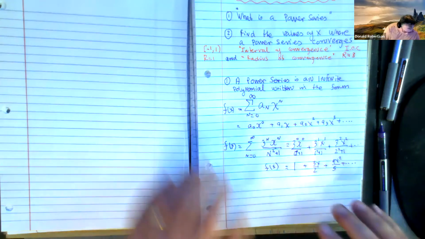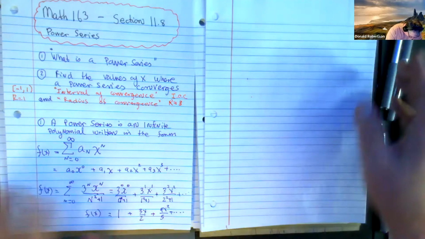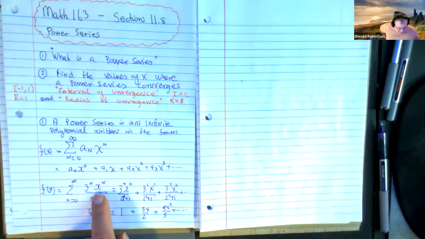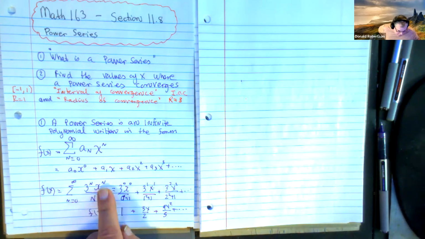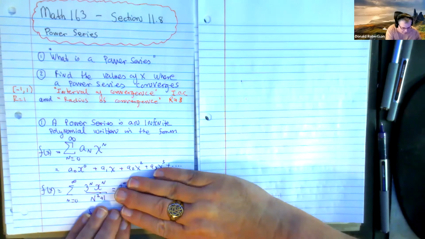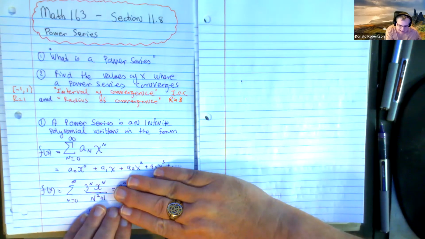So what would we like to know? Well, not all power series are created equal. This one here, for instance, for certain values of x, like x equals 2, x equals -1, x equals 5, for various values of x, when I plug it into that series, the series converges for some values of x, but not all of them.